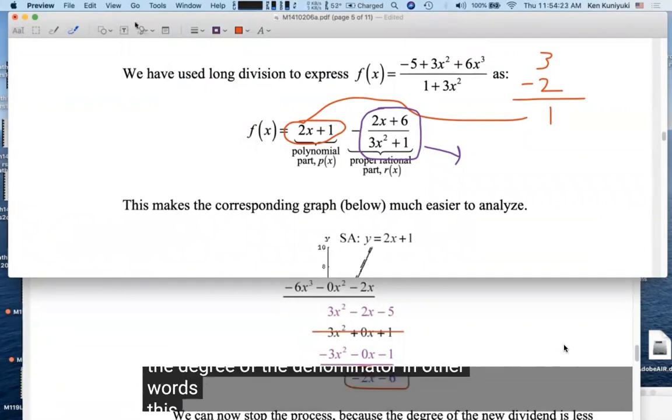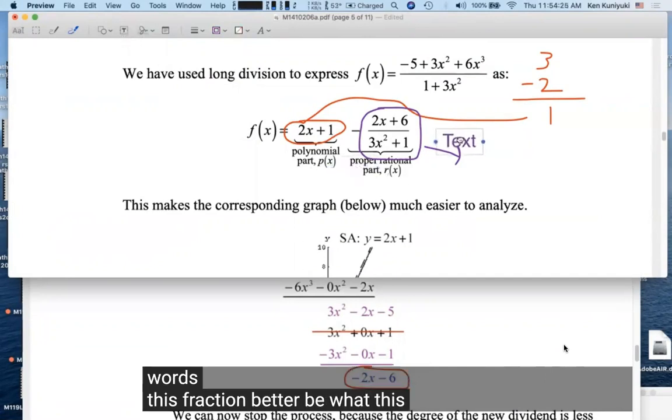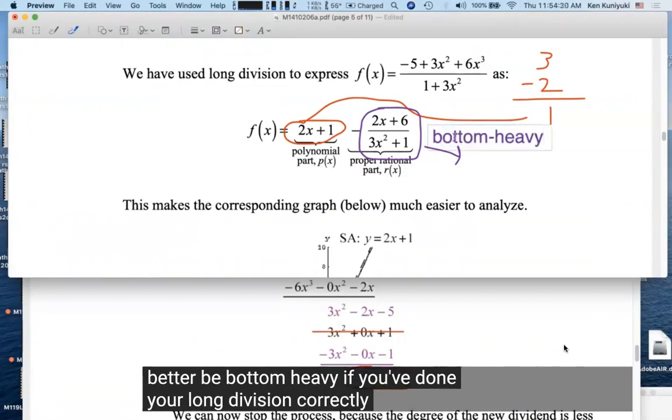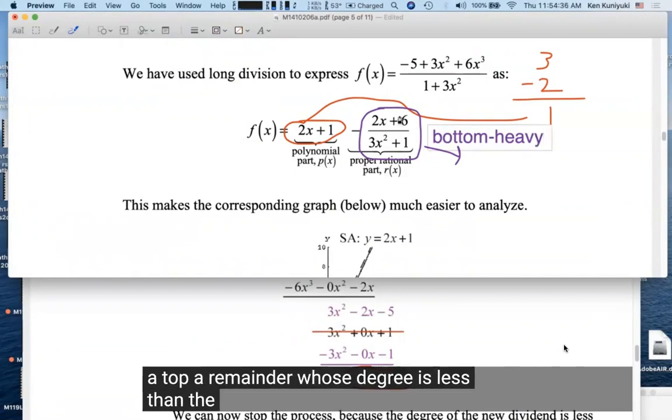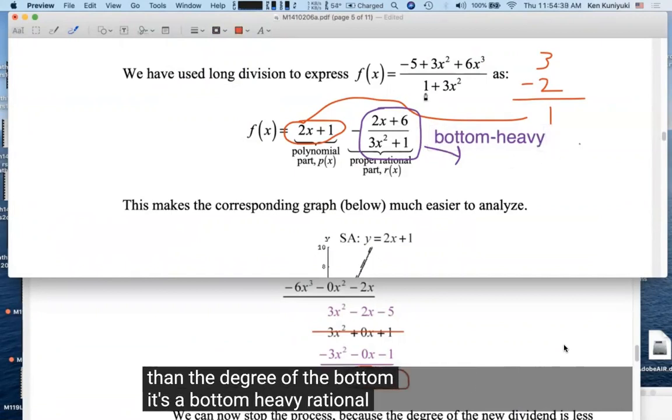In other words, this fraction better be bottom heavy. It's a bottom heavy rational expression.